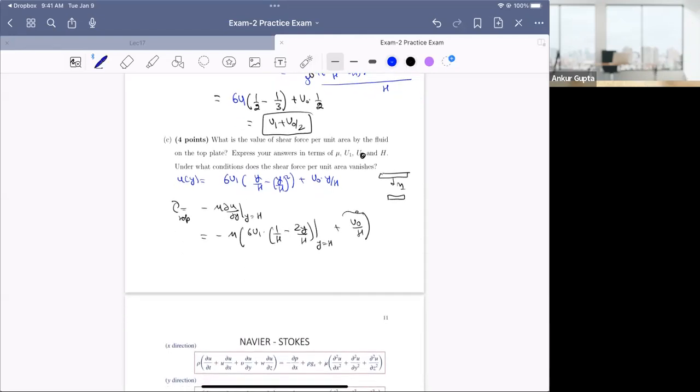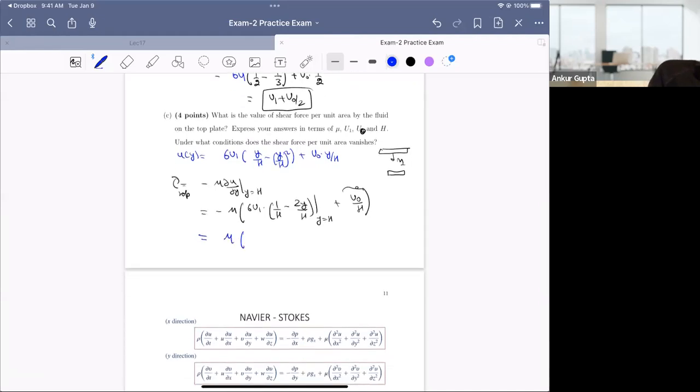So we get minus, and so this is actually plus 6. So mu into 6u1 by h plus u0 by h, or mu by h into 6u1 plus u0.